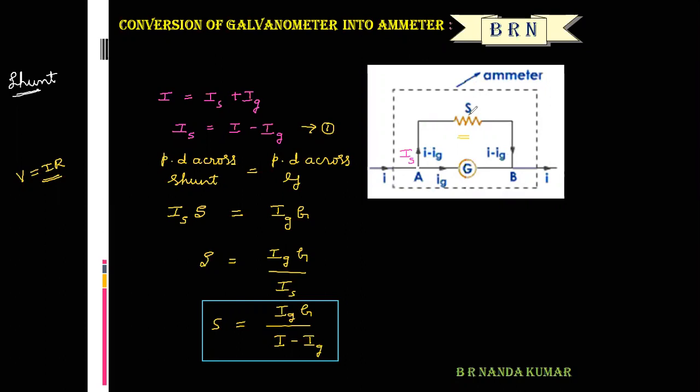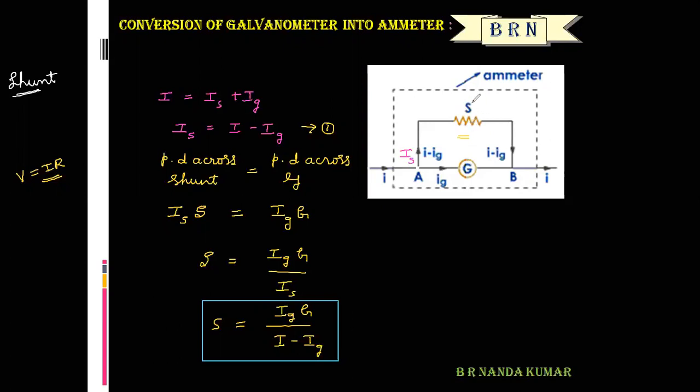Shunt converts the galvanometer into an ammeter. Shunt increases the range of the ammeter. Shunt protects the galvanometer.